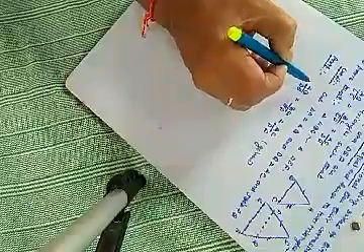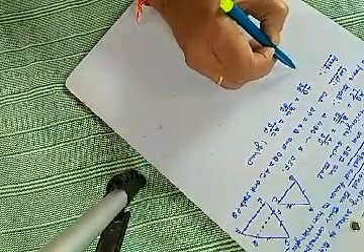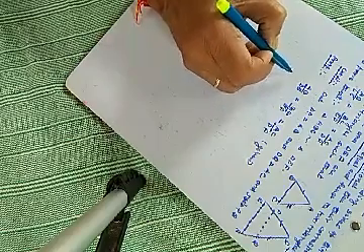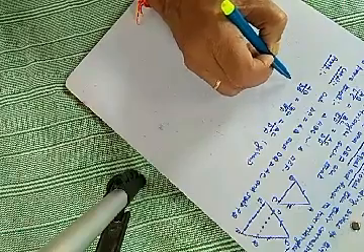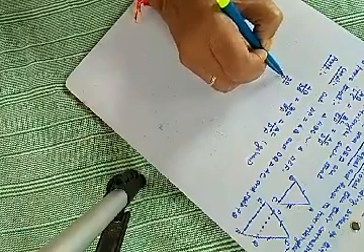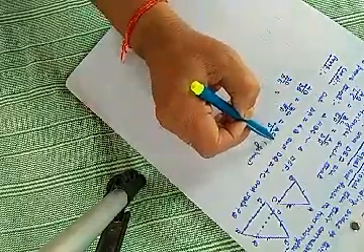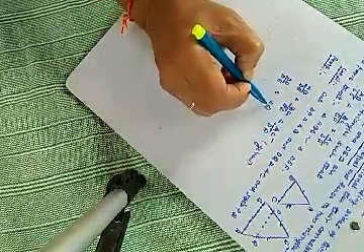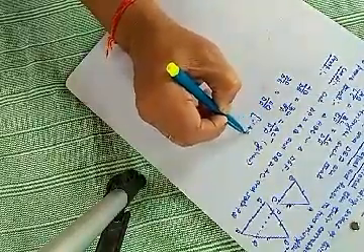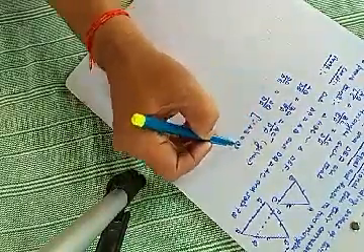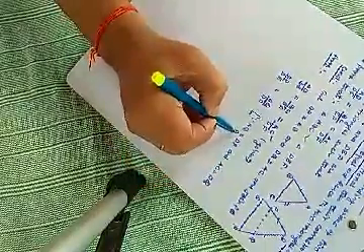Now replace AB by DP and AC by DQ. So DP upon DE is equal to DQ upon DF, since AB is equal to DP and AC is equal to DQ by construction.